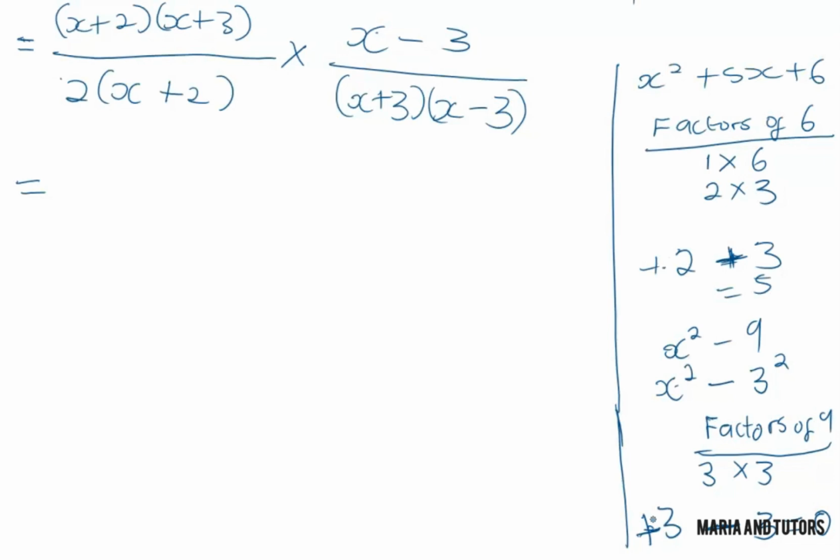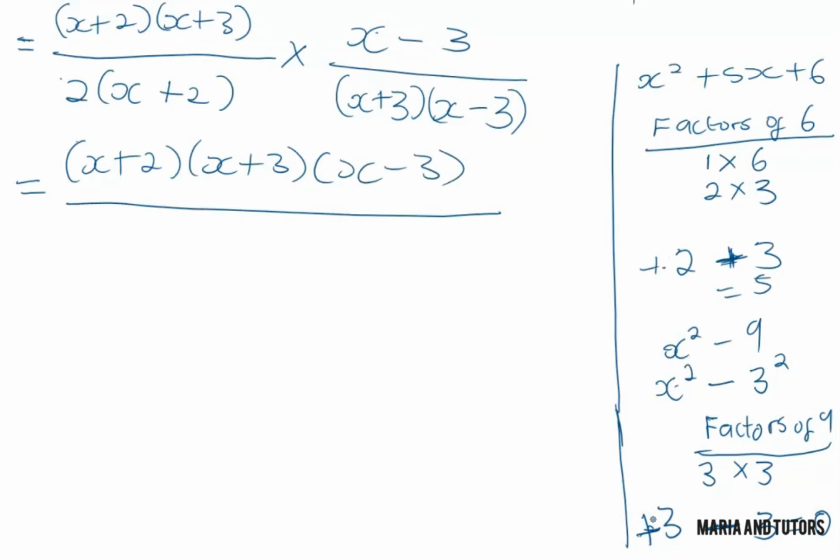So we're going to have in brackets x plus 2 multiplied by, in brackets x plus 3 multiplied by, in brackets x minus 3, all divided by 2 multiplied by, in brackets x plus 2 multiplied by, in brackets x plus 3 multiplied by, in brackets x minus 3.